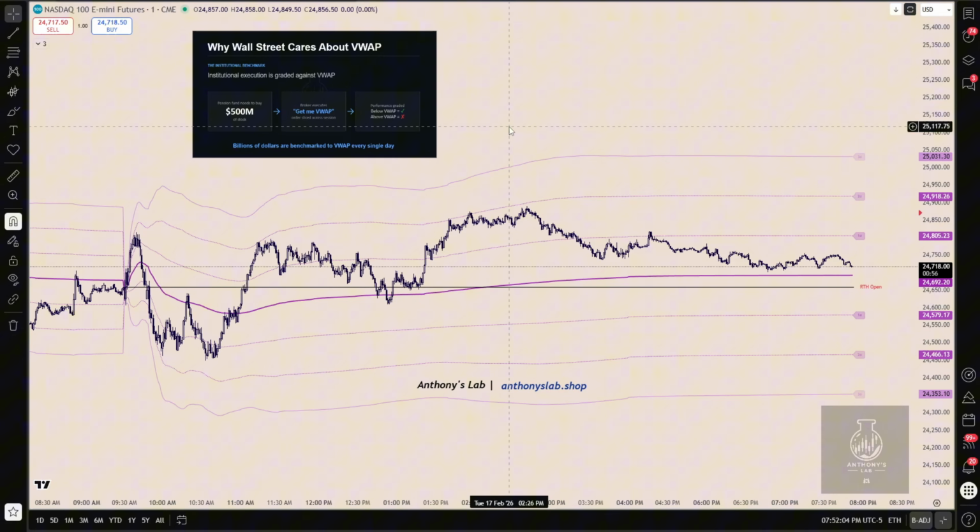And the key about all of this is that the broker absorbs all of the risk of guaranteeing you that VWAP. So they are going to do everything they can to hit that benchmark. This is why VWAP acts like a magnet throughout the day, because banks are contractually obligated to trade it.